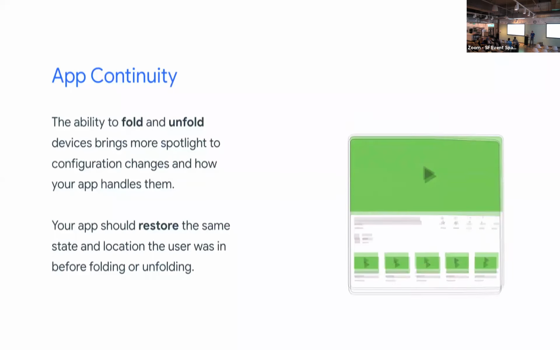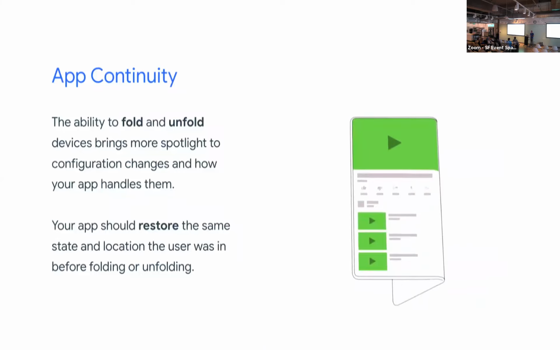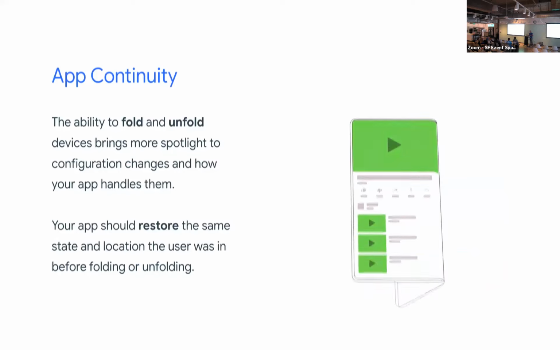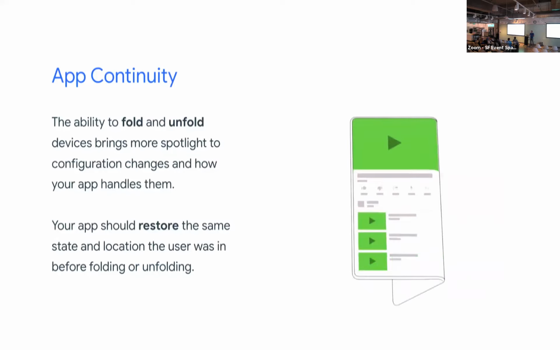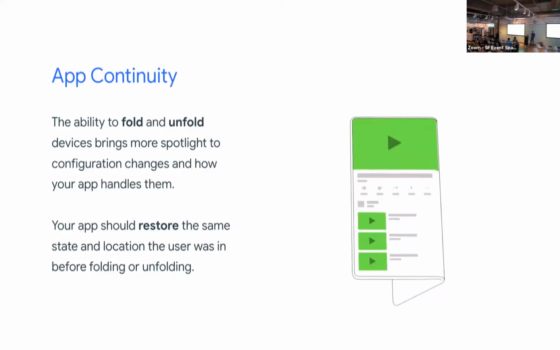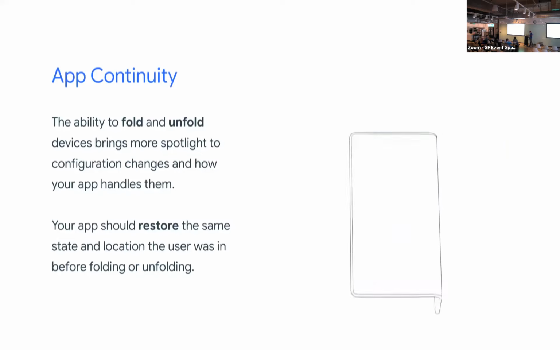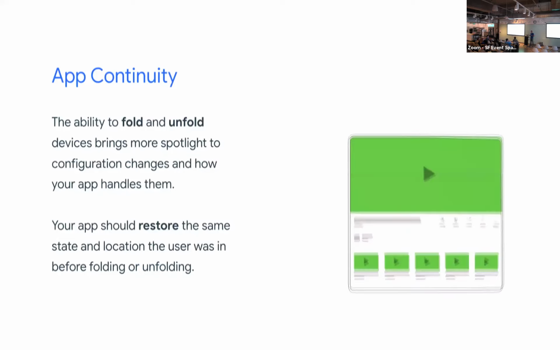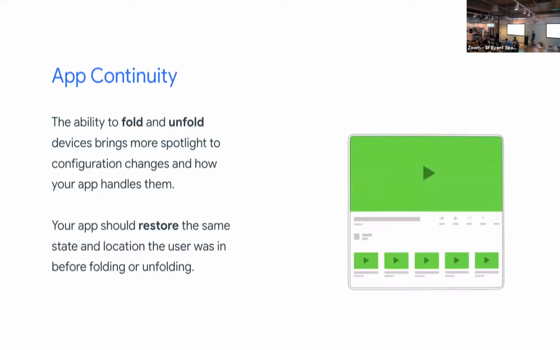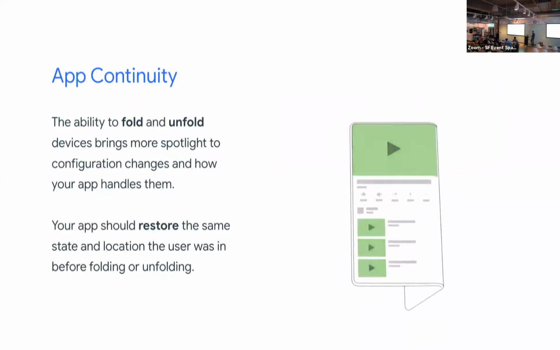And even if you don't support the full screen, you still need to manage configuration changes, because the user can decide to use your app horizontally or vertically. So you need to take care of forms or the last position in the scroll views or view pagers and so on.